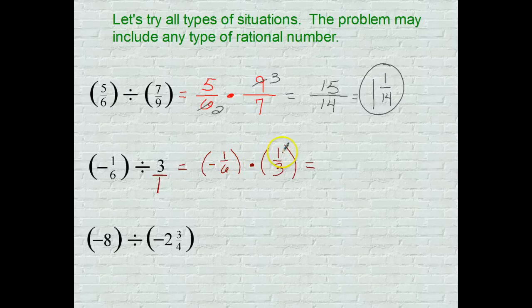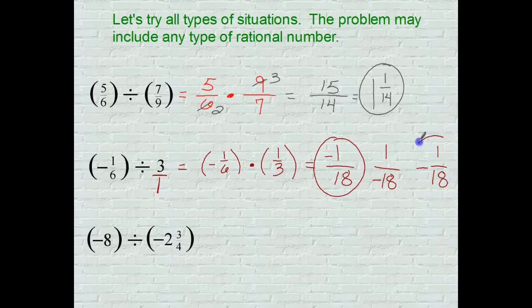So 1 multiplied by 1 is 1. 6 times 3 is 18. And we have a negative. So one negative would make this answer negative 1/18. Negative 1/18. Or right in the middle, negative 1/18. Any of these three. You don't need all of them, you just need one of those three options.